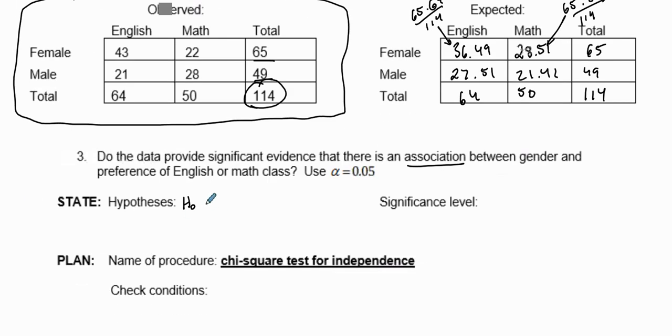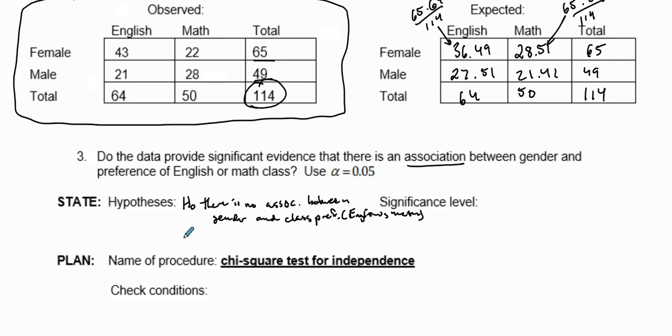So the null is that there is no association between gender and class preference, English versus math.